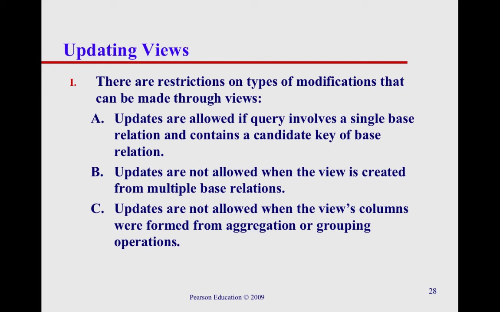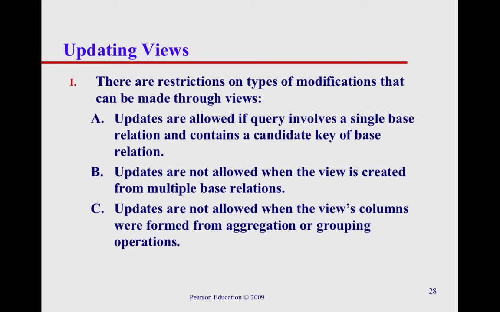So here B003 is a candidate key, so that would satisfy that, but it's not going to satisfy this condition because of aggregation. We need to be able to identify uniquely the tuple being modified in the base relation.